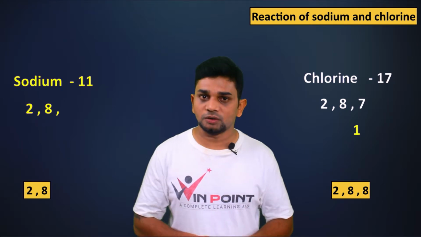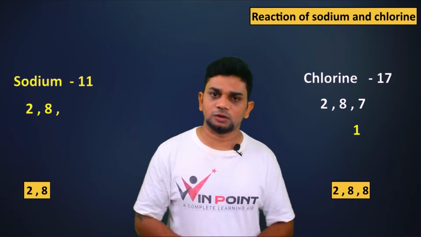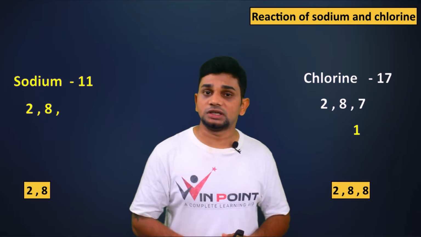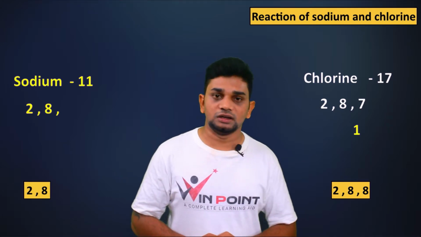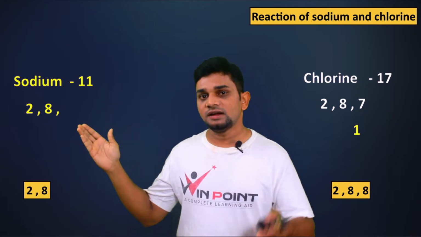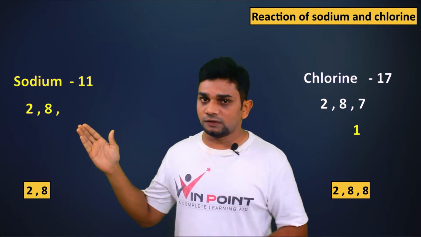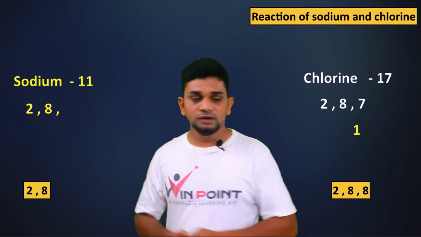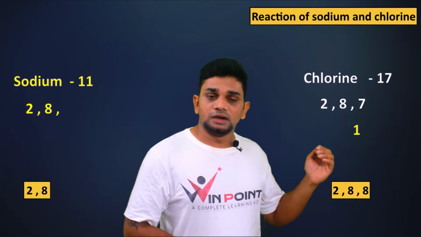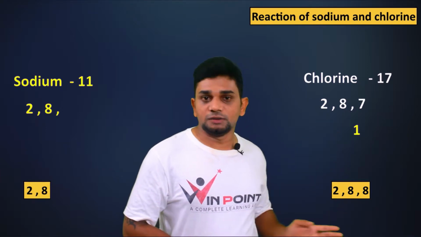Now they are ions, because if there is a change in the number of electrons, the atom changes into an ion. If there is a decrease in electrons, it will be a positive ion. If there is an increase in the number of electrons, it will be a negative ion. Sodium loses electrons, so it becomes a positive ion, and chlorine gains electrons, so it becomes a negative ion.